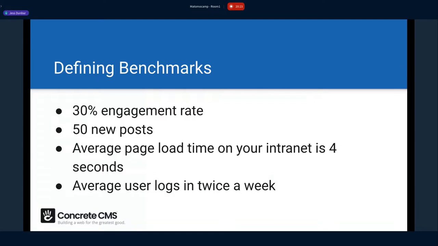They offer a quick snapshot of where you stand at any given point. To establish benchmarks, you can look into your historical data from Matomo, and if you don't have historical data, if you're starting fresh, you can consult and look for industry standards. For example, if your intranet's current engagement rate is 30% when you open up Matomo, this becomes your initial benchmark.